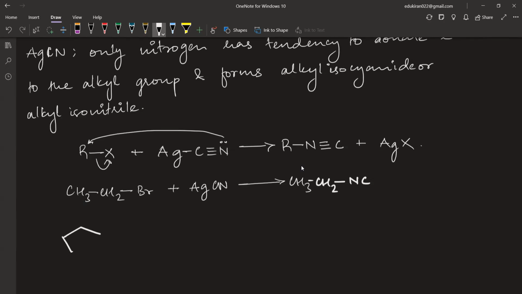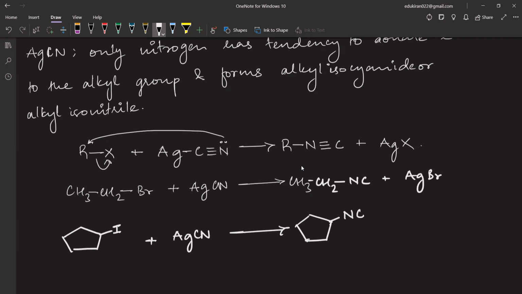Similarly, if you have something like this, iodine. अच्छा यहाँ पे लिख लीजिए plus AgBr. Now, in this case, what you have to do, you have to replace the halogen with NC. Okay, rather than CN, you have to replace it with NC.